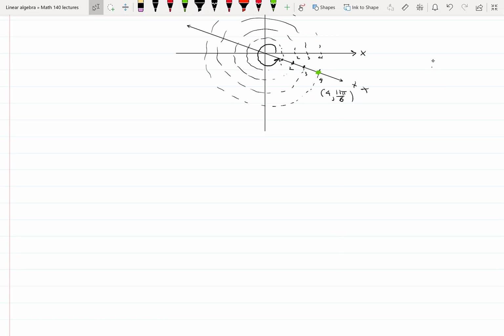The first of the 3 common problems that students have with polar coordinates.